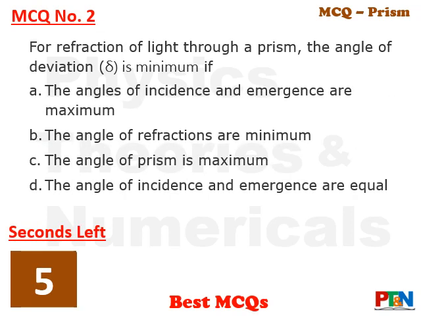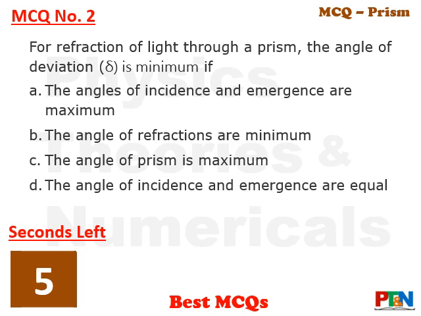Next MCQ. For refraction of light through a prism, the angle of deviation is minimum if: option A, the angle of incidence and emergence are maximum; option B, the angle of refractions are minimum; option C, angle of prism is maximum; option D, the angle of incidence and emergence are equal. You have got 5 seconds.